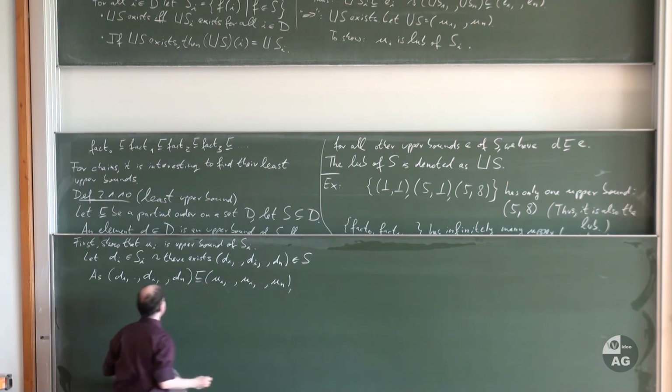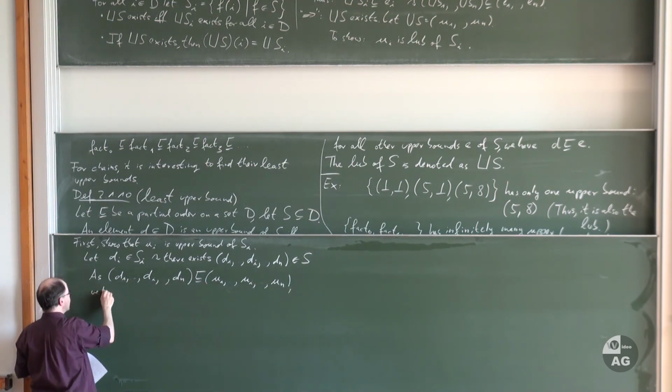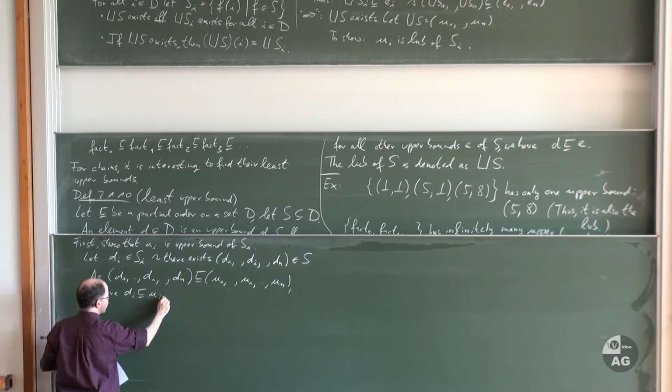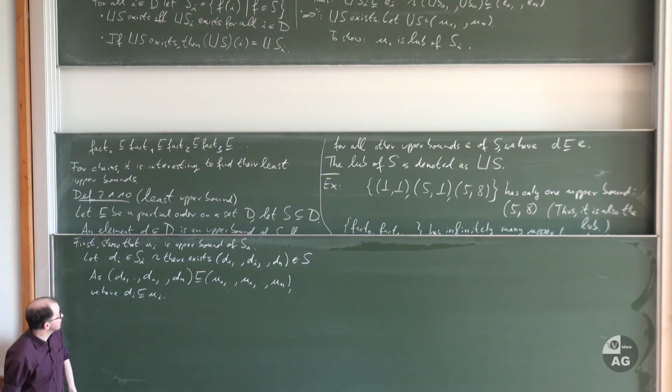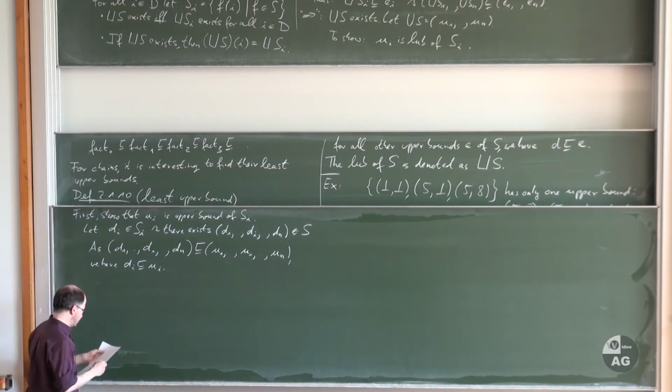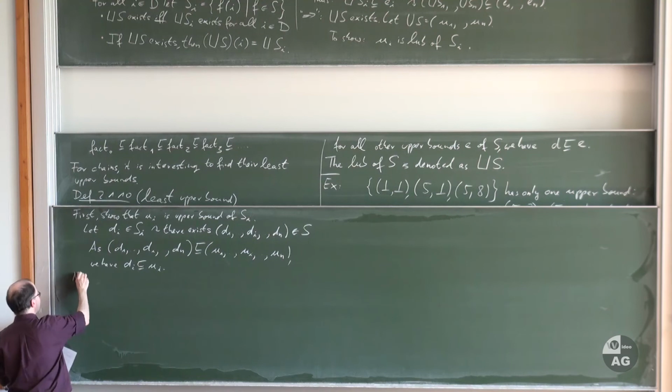So since we have this, we also have that DI must be bounded by UI. So yes, this UI is an upper bound of SI.